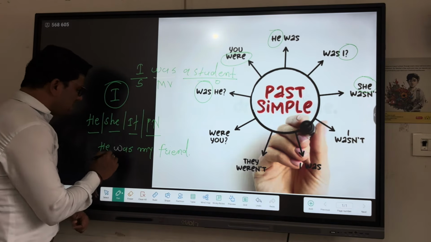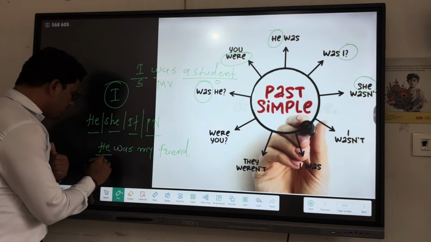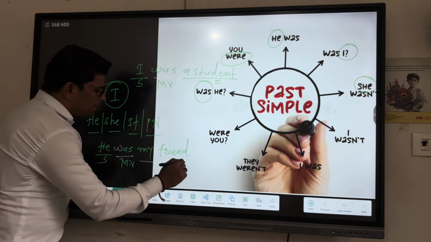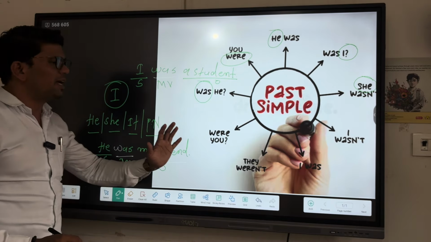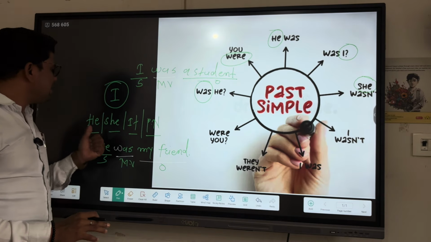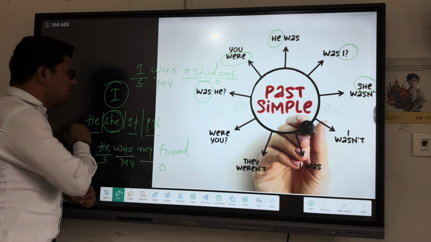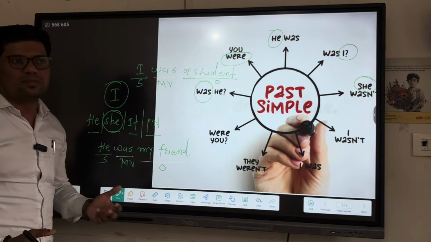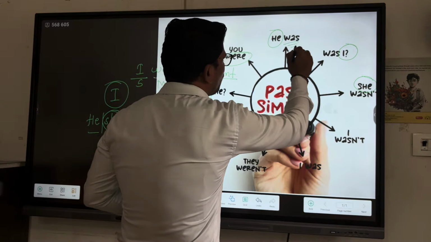Obviously this is the third person singular subject he, this is the main verb, and my friend is the object. In the same manner you can make sentences with other third person singular subjects: she was my friend, it was my friend, Ram was my friend. I hope you have understood the use of was.